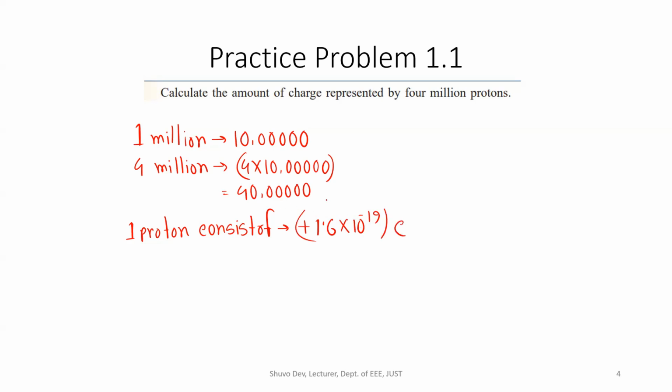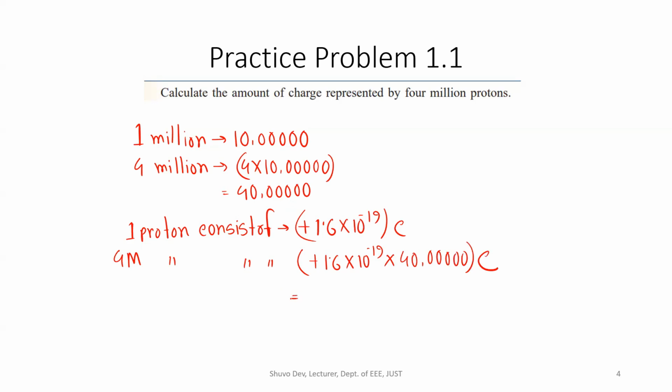So 4 million protons consist of plus 1.6 into 10 to the power minus 19 multiplied by 4 million, that is 4 followed by 6 zeros, coulomb.